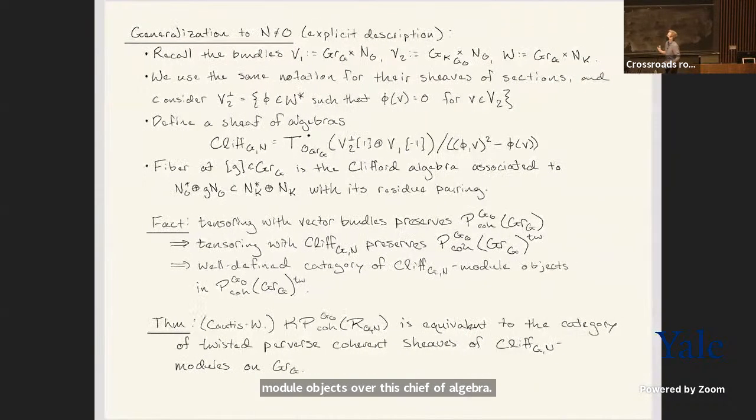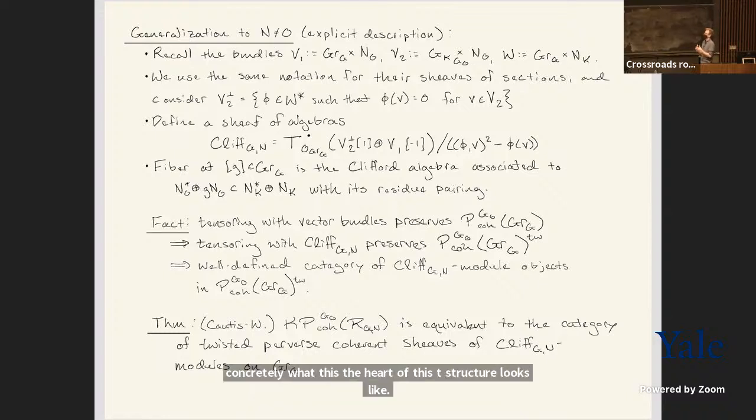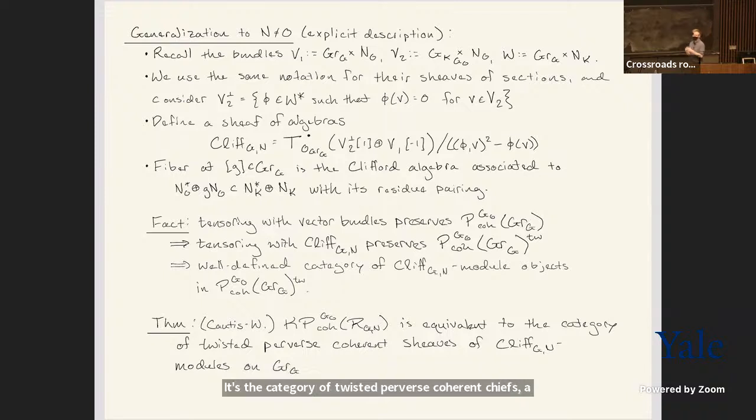And then the claim is that this is kind of concretely what the heart of this T structure looks like. It's the category of twisted perverse coherent sheaves of modules over this big sheaf of Clifford algebras. Any questions?